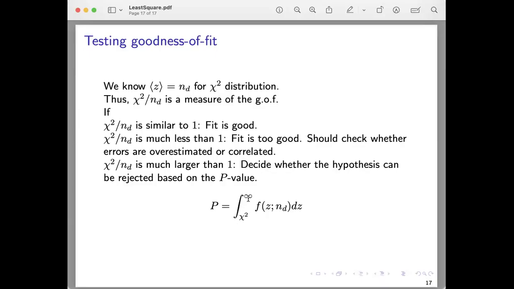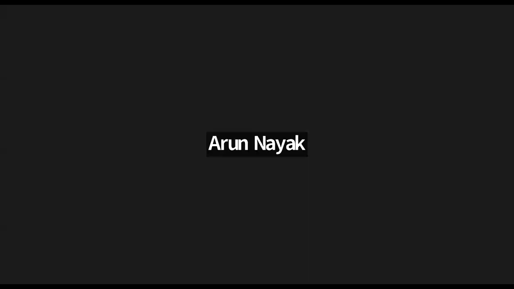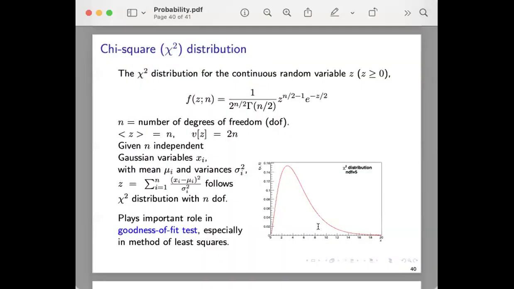If I now go back and show it here, suppose we got, for 5 degrees of freedom, a chi-square value of 10 from some fit. Then we will get the p-value as the area under the curve from 10 to infinity.